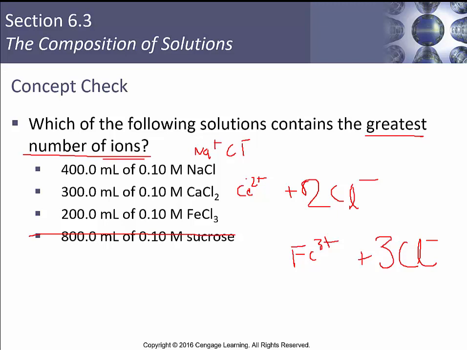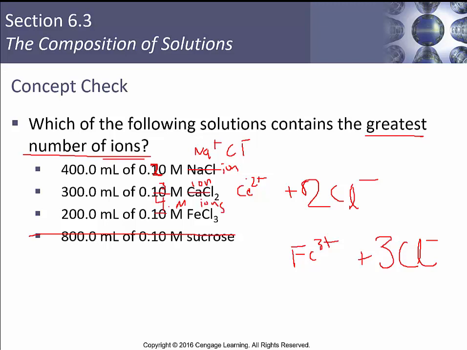And this sodium chloride, I need to multiply by 2. So we're going to change this to ions. I'm going to have 0.2 moles per liter of ions for my sodium chloride, 0.3 moles per liter of ions for my calcium chloride, and 0.4 moles per liter of ions for my iron chloride.